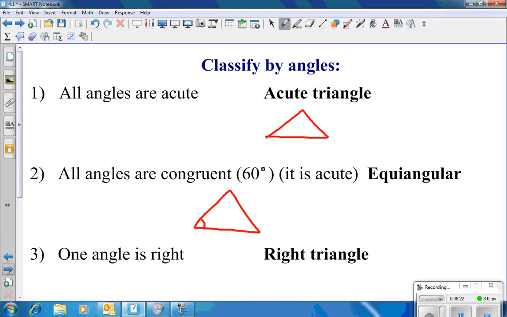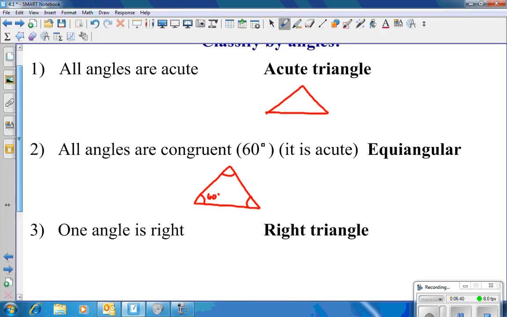And in this case, anytime it's equiangular, it's always going to be 60 degrees. Right? All those angles have to be the same, and they're always going to be 60. And yes, it is acute, but if you can be more specific when you're naming it, you have to. Okay? Even though all of them are 60, it's an acute triangle, but we can be more specific by calling it equiangular.